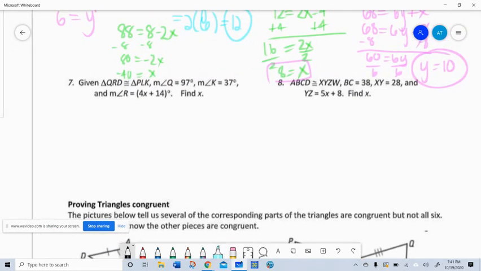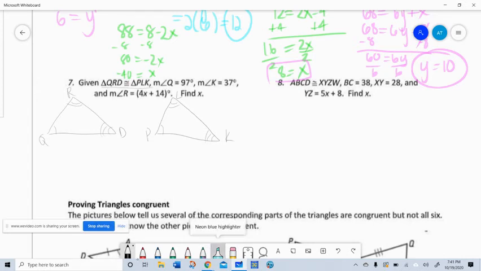So if you want, you can draw two triangles, QRD. I have no idea what they look like. I'm just making this up. QRD and PLK. I'm just making sure that if I have QRD, that I make PLK. And then I know that my corresponding angles would be here, because that's what they told me in my congruence statement right here.